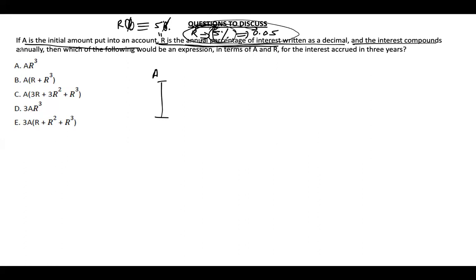And the interest compounds annually. So which of the following would be an expression in terms of A and R for the interest accrued in 3 years? So the amount for 3 years is principal times 1 plus R percent.